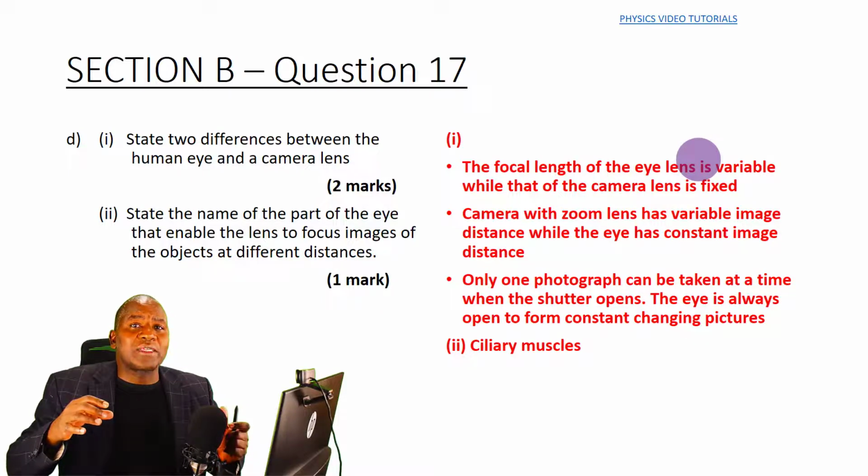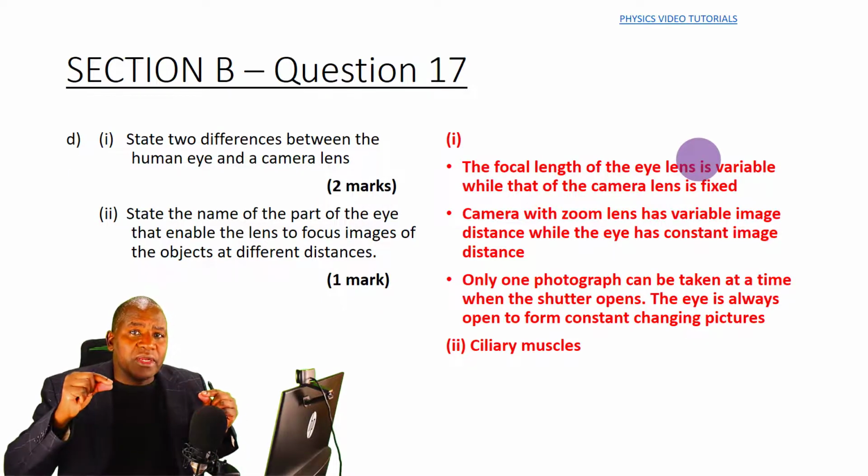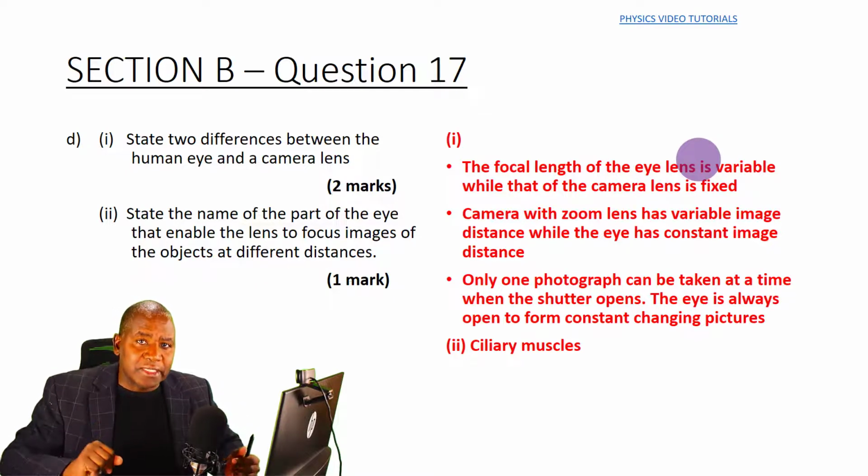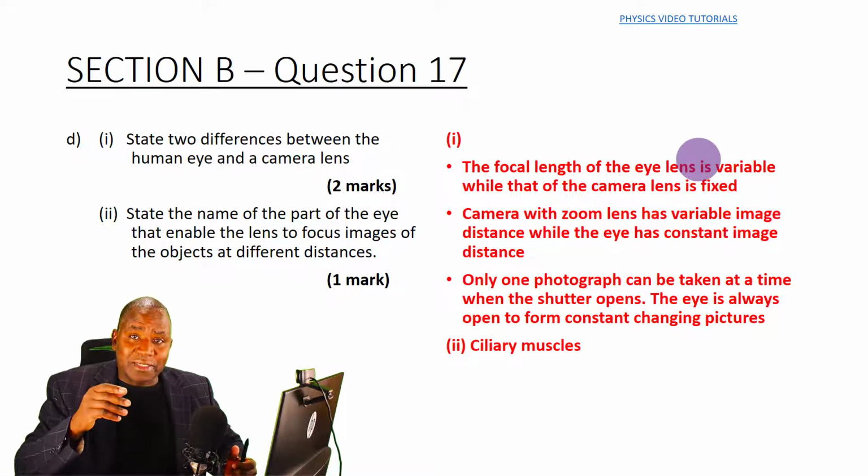When they contract, they make the lens thin and the focal length increases. Number two, the camera with zoom lenses has variable image distance. You are able to vary the image distance, especially when it has a zoom lens, while the eye has a constant image distance. You're not able to vary the image distance in the eye.